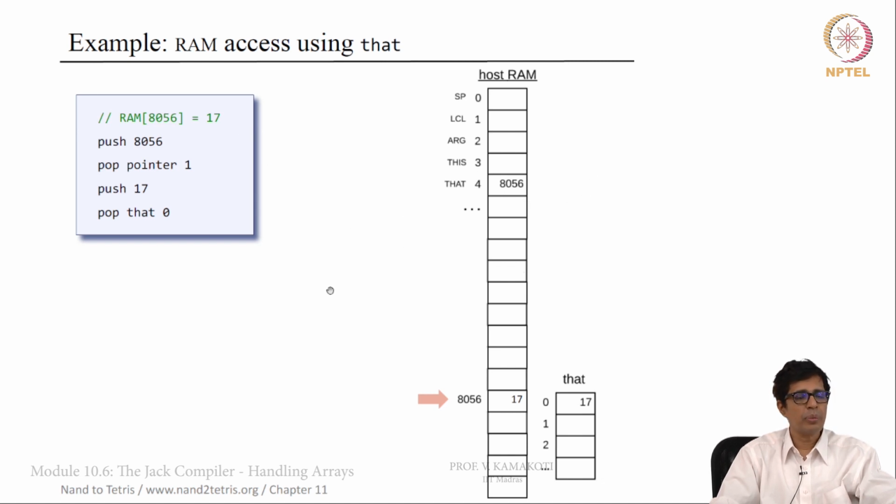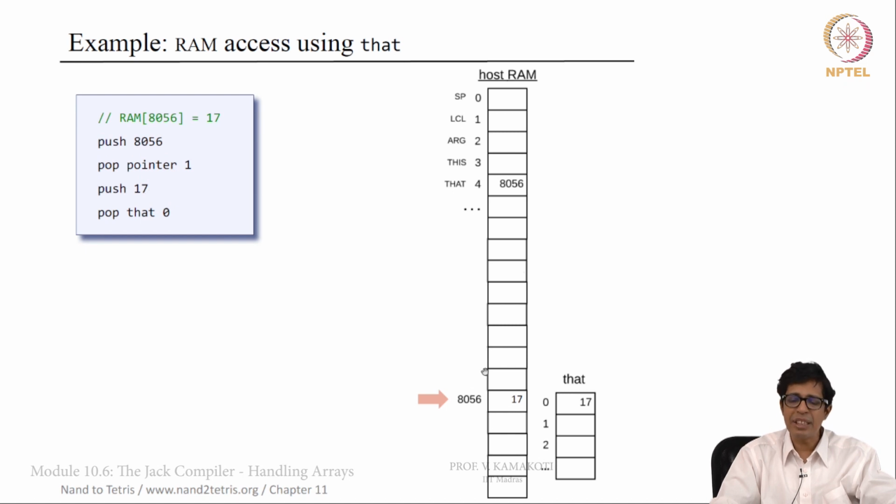Now, let me just explain this once again. When I say push 8056, 8056 gets into the stack. Pop pointer 1, 8056 goes and stays now in that. Now, 8056 is the pointer to the start of that segment; that is what it means.